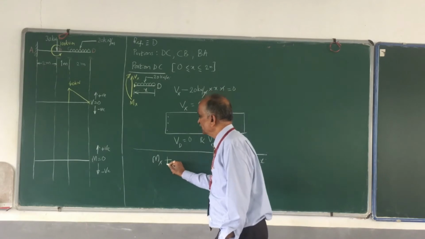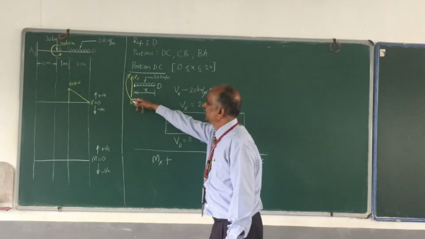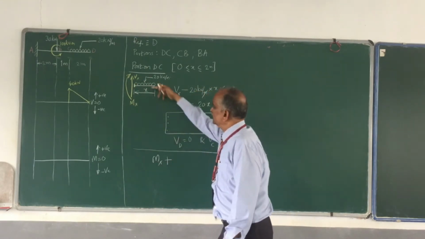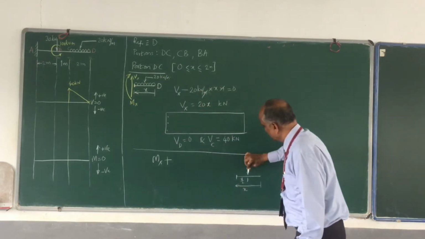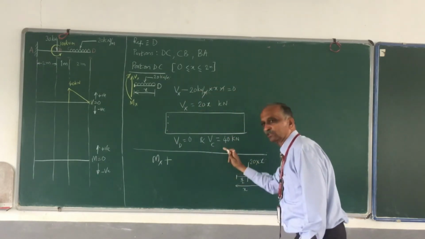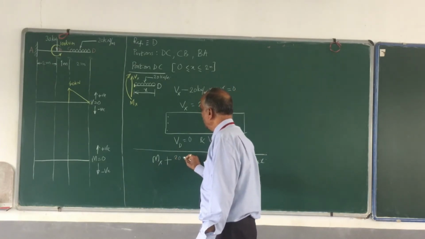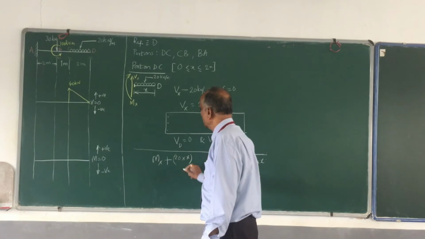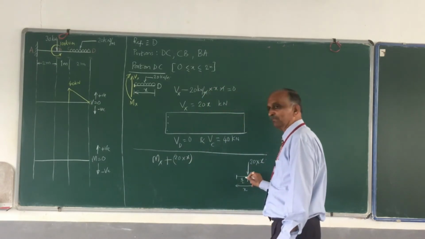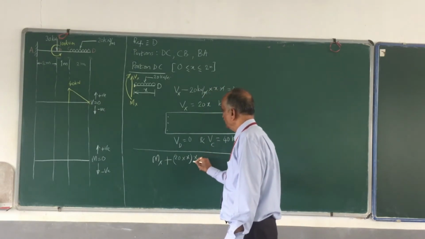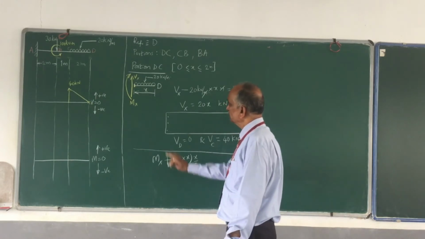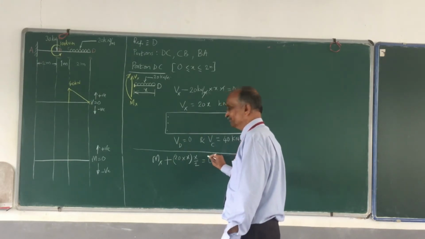Therefore, the moment is plus, because Mx clockwise is positive. This downward 20x about this also is clockwise. Therefore plus, 20 into x, this is the force, multiplied by the distance x by 2. Any other force? No other force. This is equal to 0.